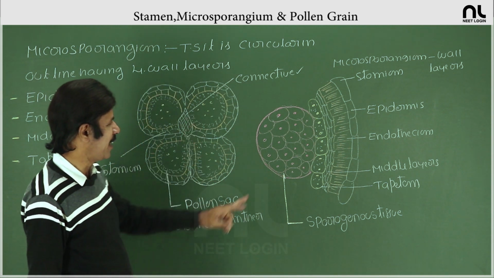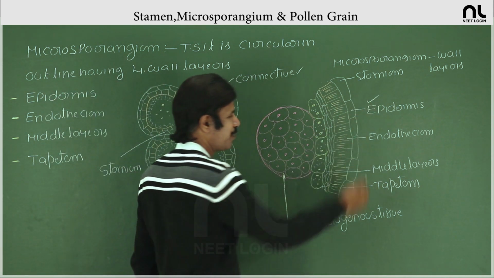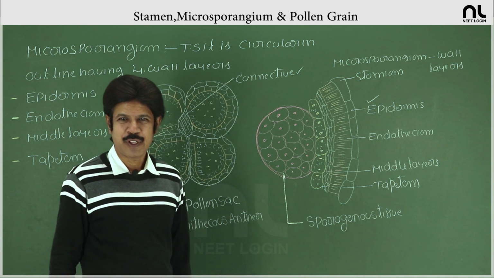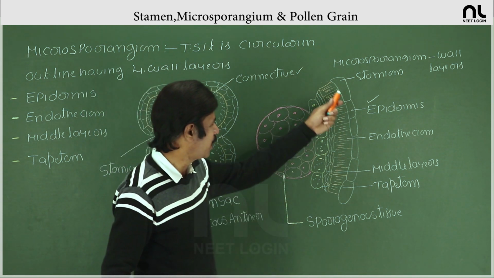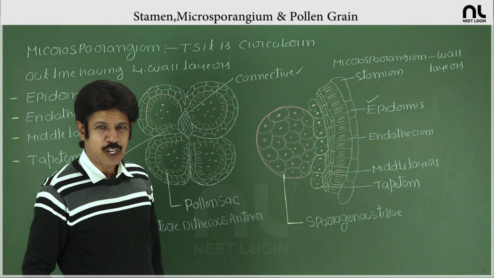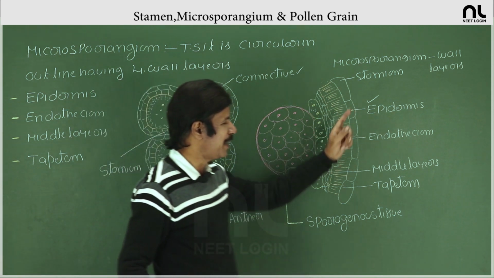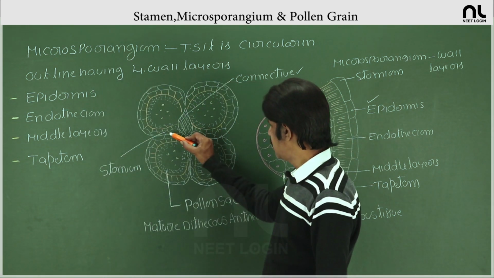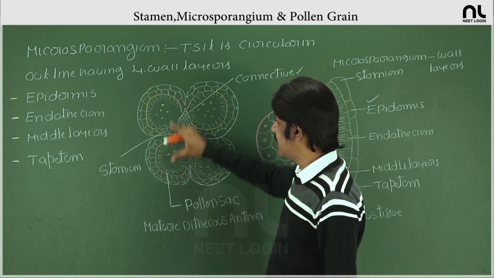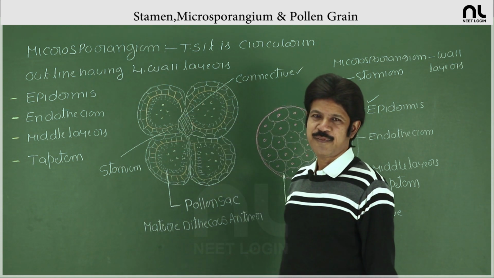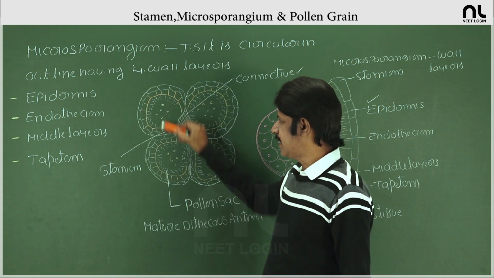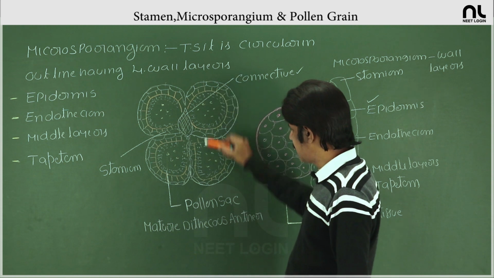And among these wall layers, the epidermis is the outermost layer, single layered, compactly present without intercellular spaces. The large thin-walled cells of the epidermis, the stomium, lie between the 2 pollen sacs of 1 theca.